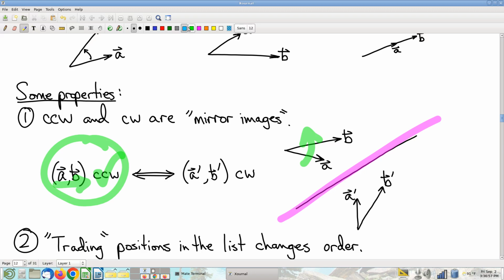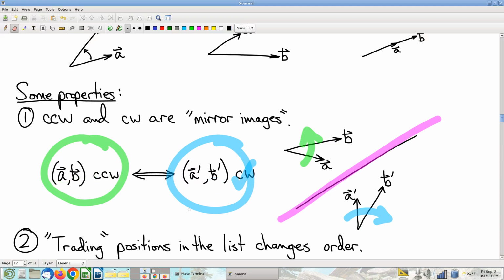Notice that the reflections, again, keep in mind A prime first, B prime second, are clockwise. So the way I'll phrase this is that clockwise and counterclockwise are mirror images of each other, because when you reflect a list that's one, the action of reflecting it turns the reflected list into the other. So, mirror images, for your consideration.